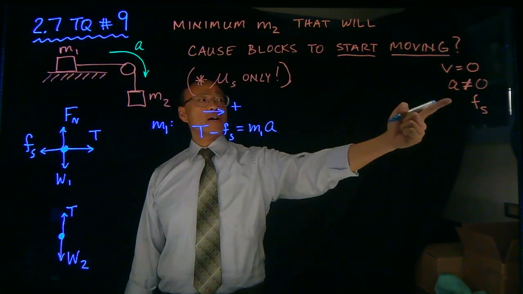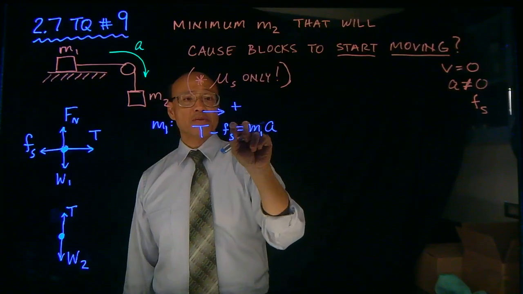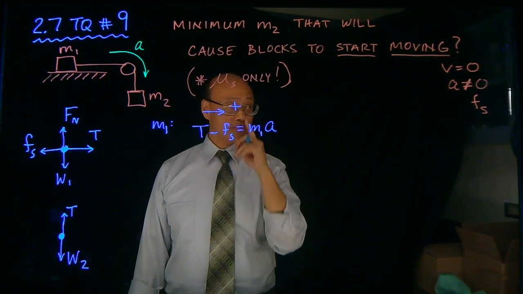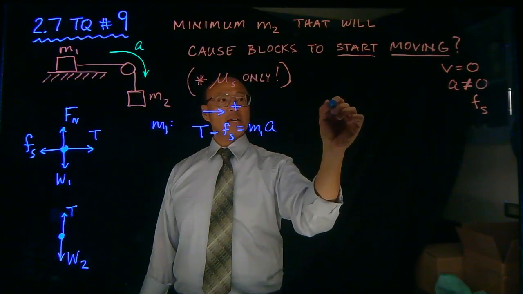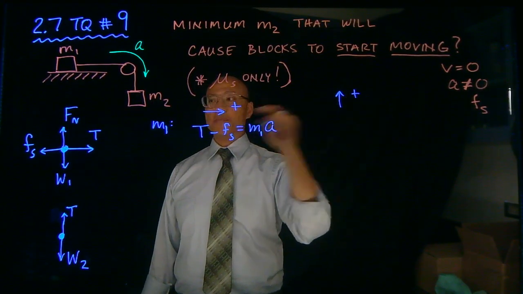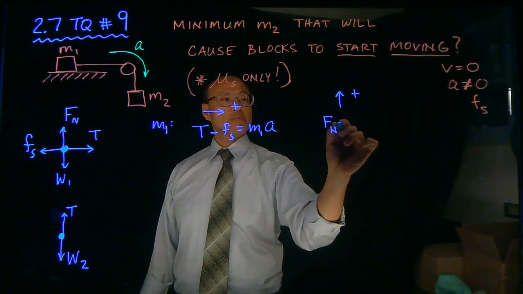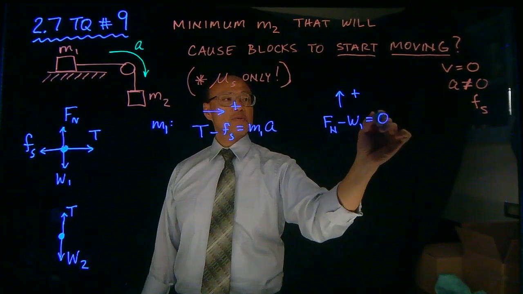I'm not zeroing it out because I might have an acceleration, or if it's going to start moving, right? And then in the up and down direction, I'm going to have Fn minus W1. That's got to be 0.